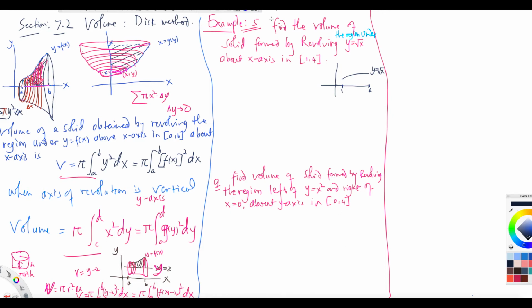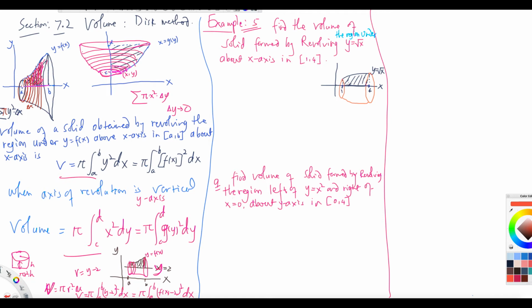Now you want to revolve this region under the curve about the x-axis. How does that look? It will look like a solid, kind of like a cylinder, but not exactly, because a cylinder has a constant radius everywhere.